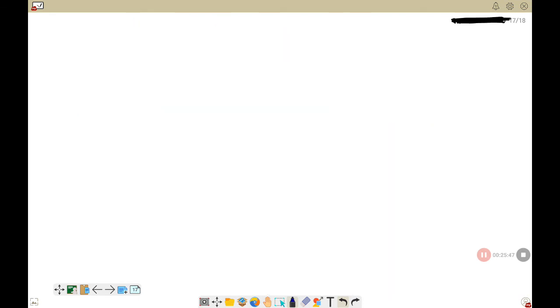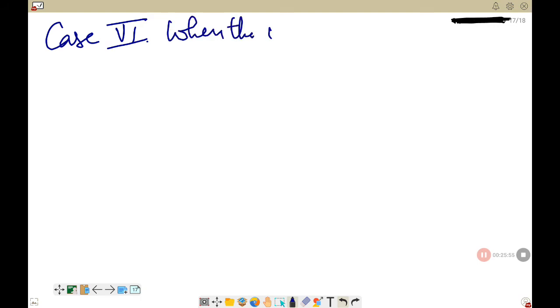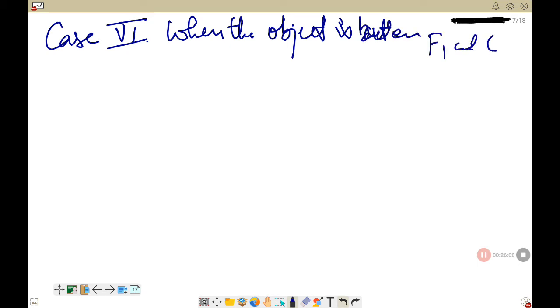That will be our case 6. Case 6 is when the object is between f1 and the optical center, or you can call it the lens. When we keep it between the lens and the first focus, what will happen?